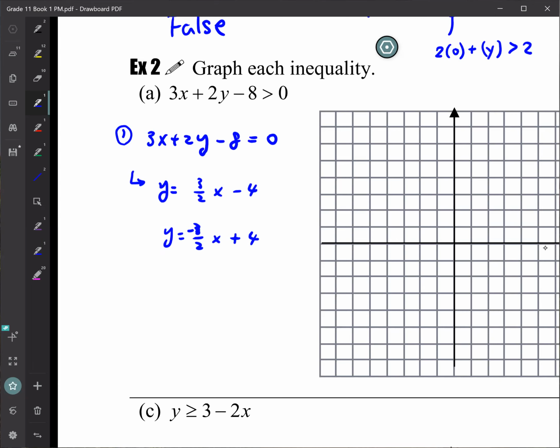Okay. So Javon, do you know why it should be minus? No. Okay. When you isolate the y, which one do you move over? Which one do you move over? What's your step? How did you do it? Can you tell me?